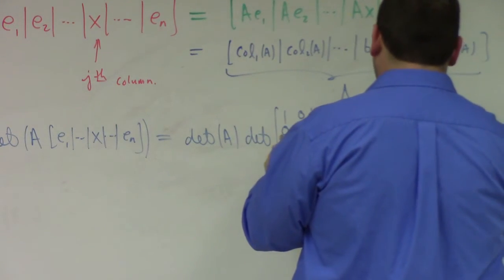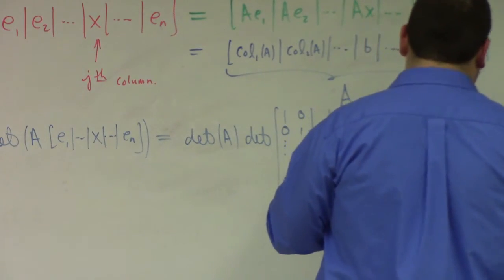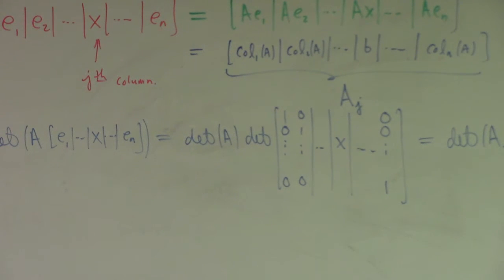And that's equal to the determinant of A sub j, right? I just took the determinant of the equation above. What's this?